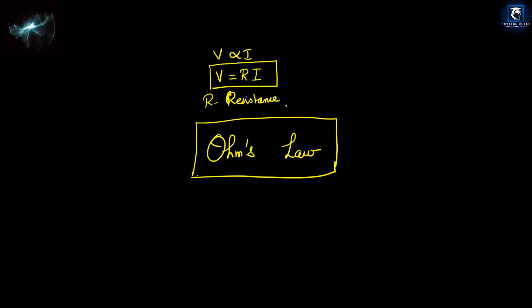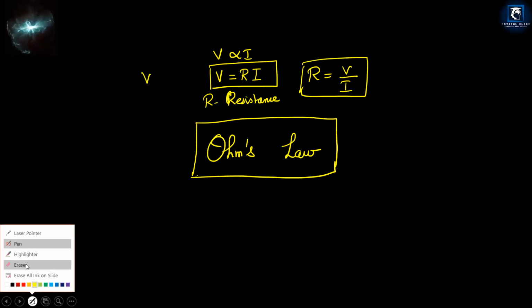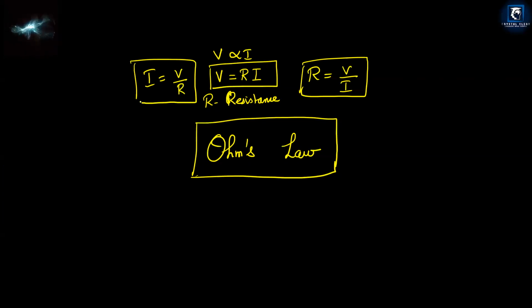Before that, let us put it like this. R is equal to V by I. This is one way. V is equal to IR, I have given already. So I is equal to V by R. And from this, you can bring the proportionality.